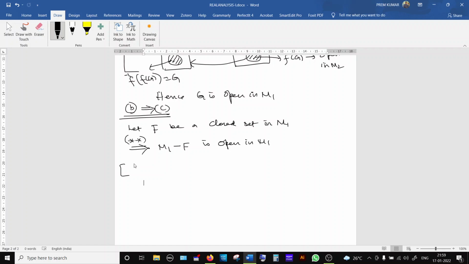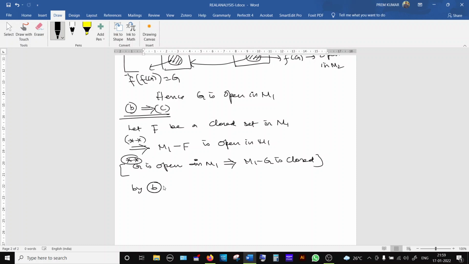This result we already proved. If G is open in M1, it implies the complement is closed. One theorem like this is there, and that result only we are using here. That result implies M1 minus F is open in M1.